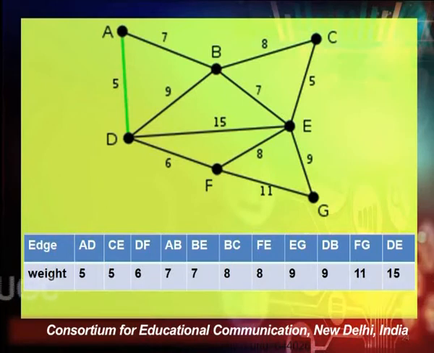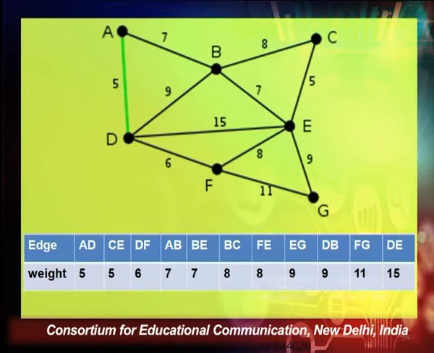But before this FG and DE, my requirement of V minus 1 edges is already met, because here we are having 7 vertices. So 7 vertices, that means we are happy with 6 edges.